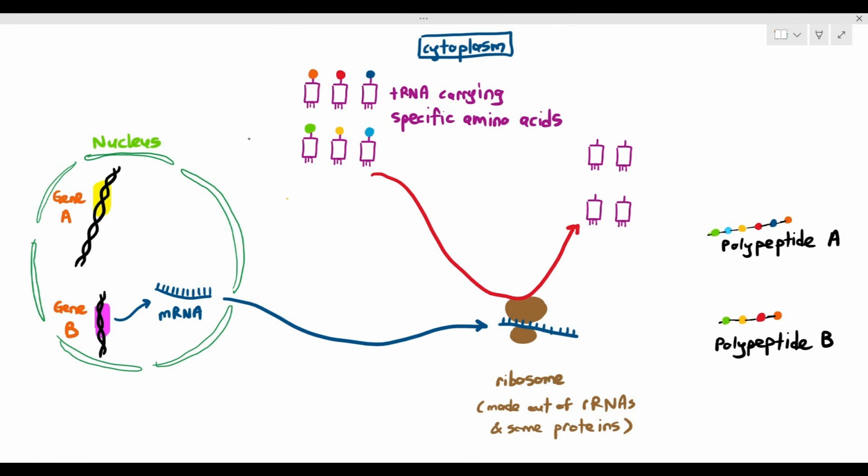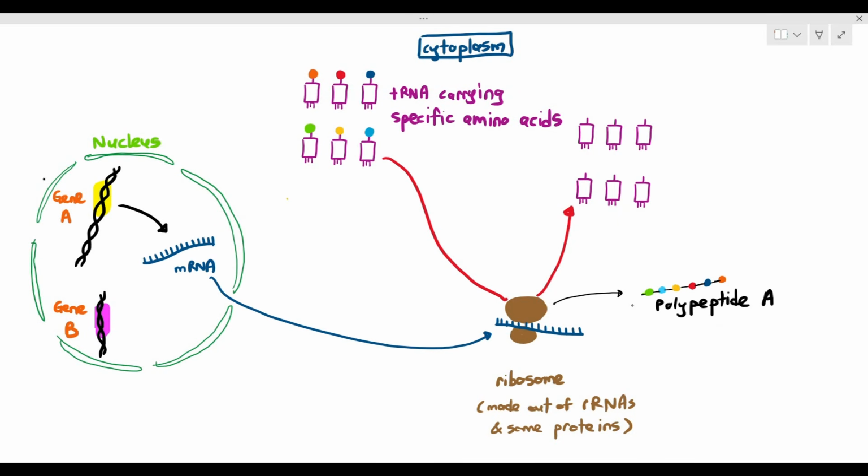And the amino acid sequences are different, as I've represented in the colors as well. I'm sorry if you're colorblind and can't notice the difference between the colors, but the amino acid sequence in polypeptide A and the amino acid sequence in polypeptide B are different, because the information came from 2 different genes.